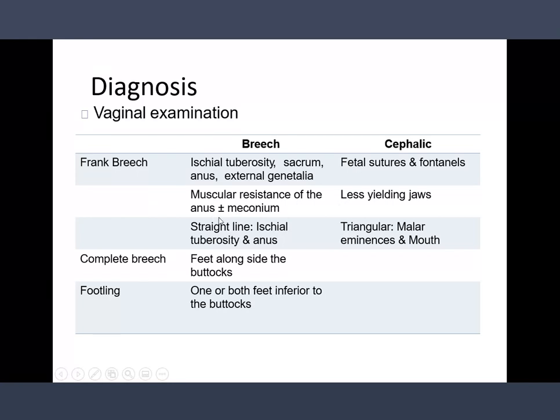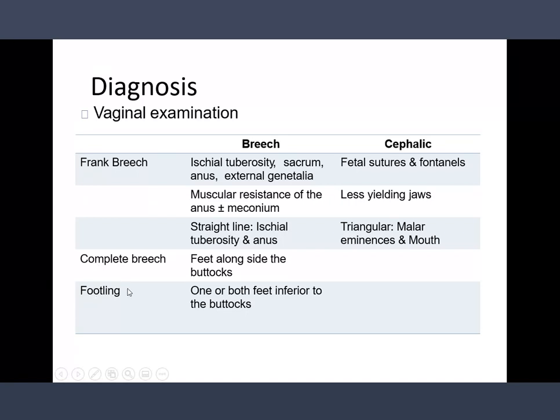While doing PV, the finger will be meconium stained in breech presentation, whereas in face presentation, the finger is not meconium stained. And these are the bony prominences. The ischial tuberosities and anus will be in a straight line in breech presentation, whereas in face presentation, the malar eminences and mouth will form a triangular pattern.